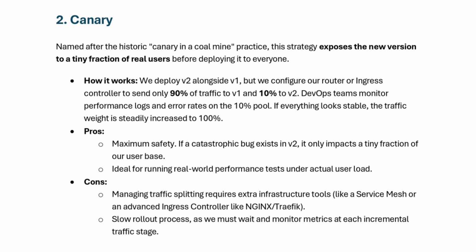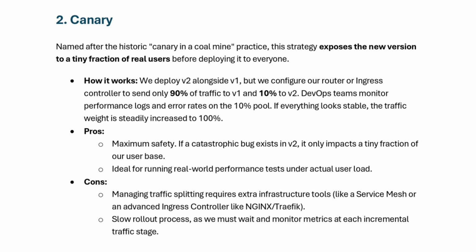And if everything looks stable, the traffic weight is steadily or gradually increased to 100%, meaning if the application looks stable on version 2, then it can be extended to 20% and 80% would be on version 1, and if it is more stable, then it is gradually increased to 30% on version 2 and 70% on version 1. It is done until there exists 0% on version 1 and 100% on version 2.